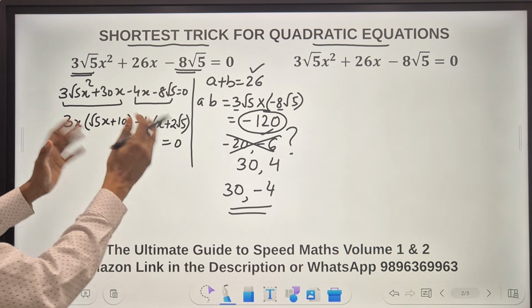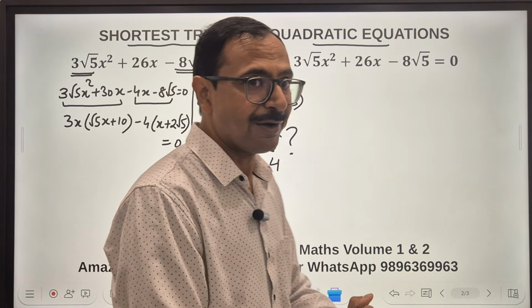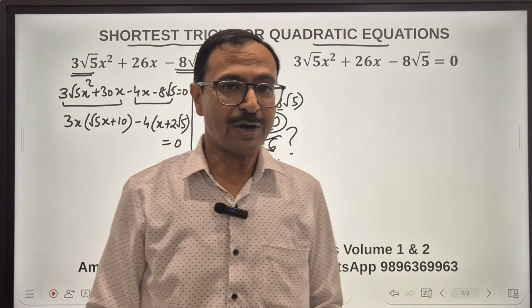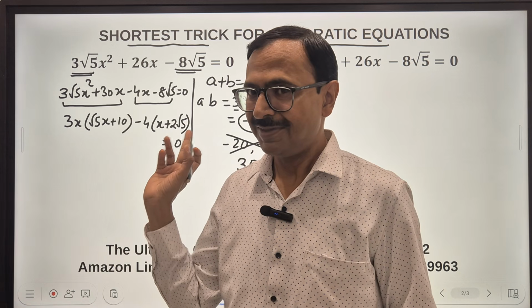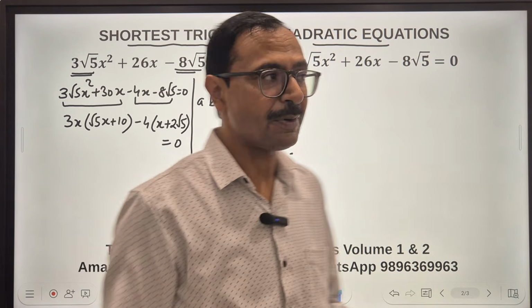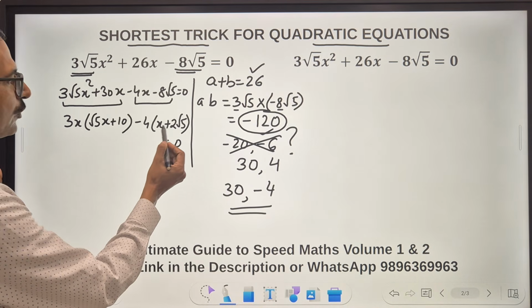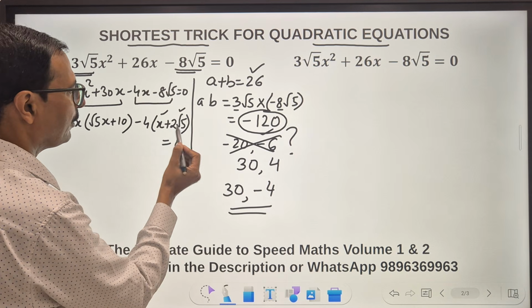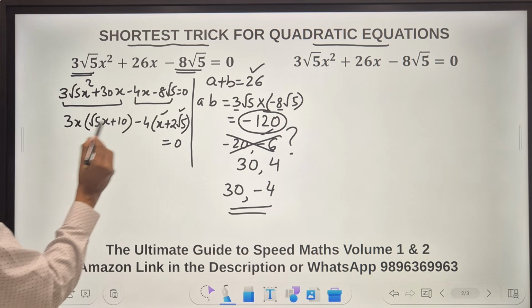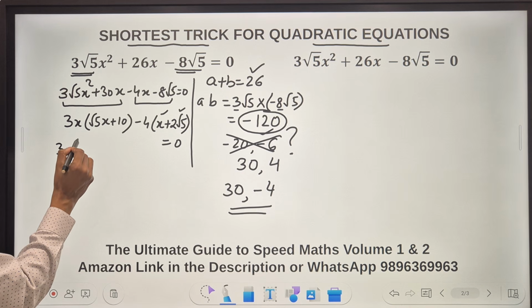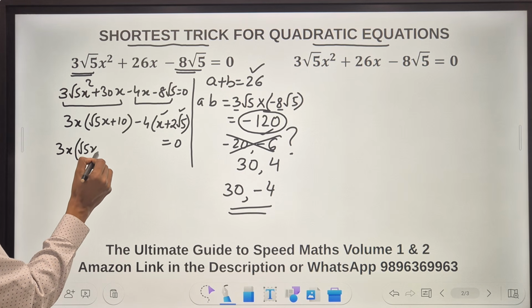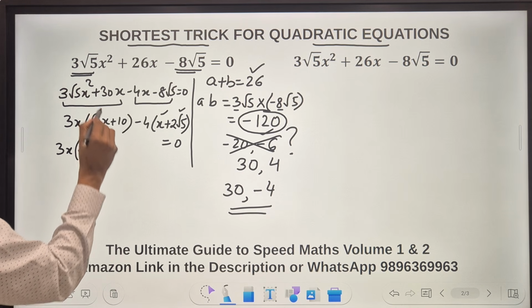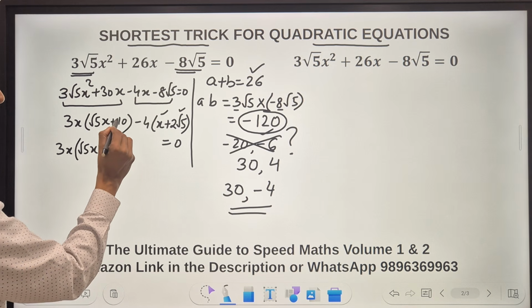But now there is a hidden factor. Now this is important. If you are watching this for learning the traditional approach, this step is the most important step. Here we have x plus 2 root 5, which further doesn't have any common factor between them. But here 3x and root 5x plus this 10 can further be split as 5 times 2.